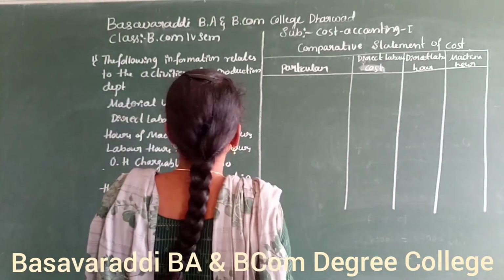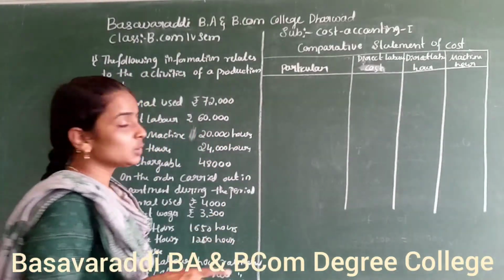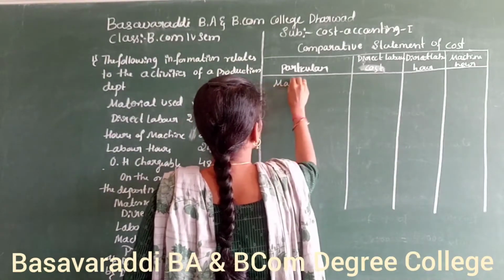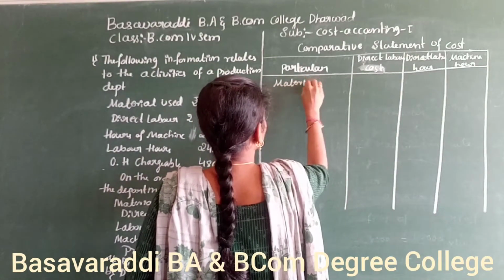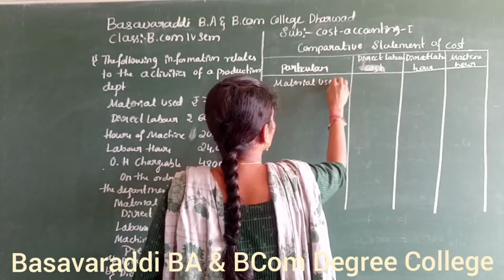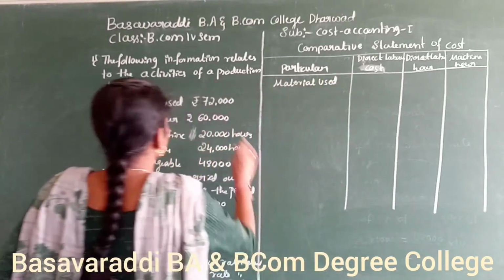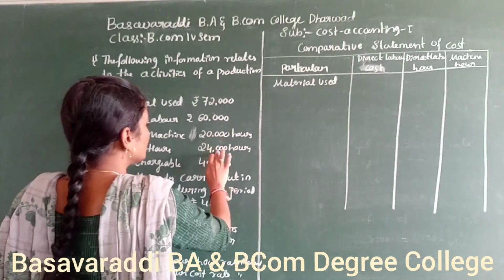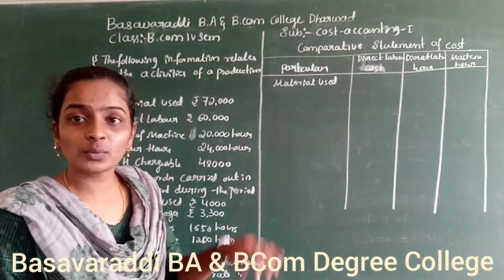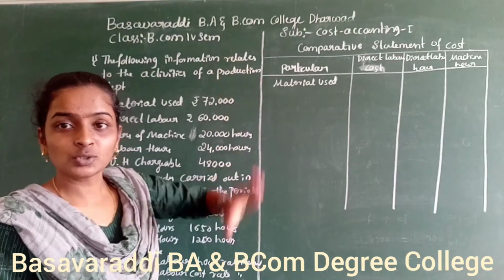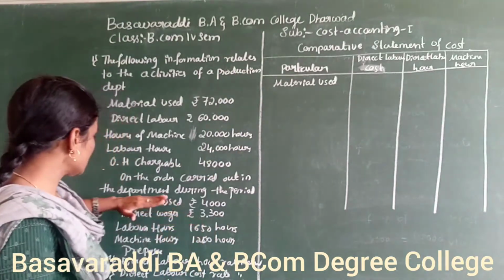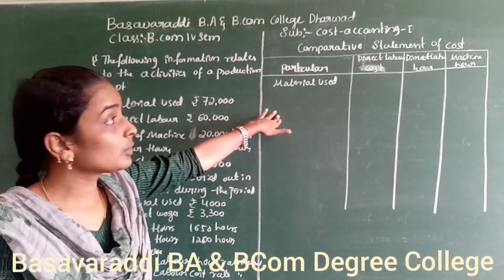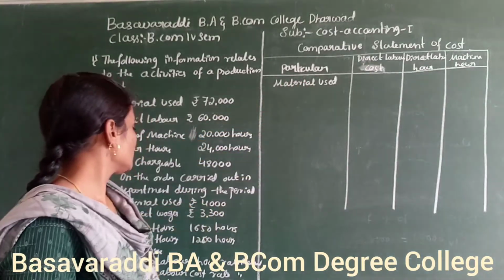The first one is material used. We have already used 72,000, 60,000, 20,000, 24,000 in working notes number 1, 2 and 3. So for the second, carried out department, we have to take the comparative statement of cost. That is material used 4,000.